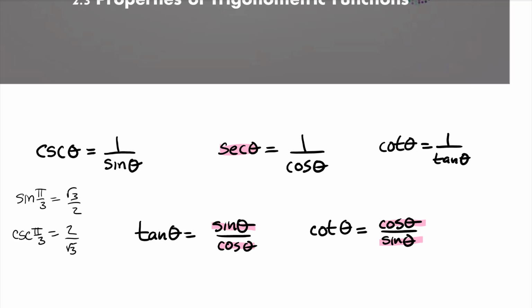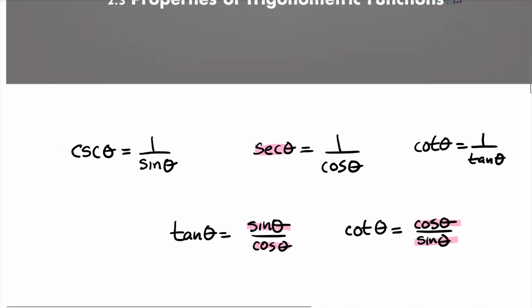They're all made up of sine and cosine. So I don't need you memorizing every single value for cosecant, secant, cotangent, tangent. There's no need. We must be pros with sine and cosine. If you're a pro with sine and cosine and you know these identities, we'll be good.